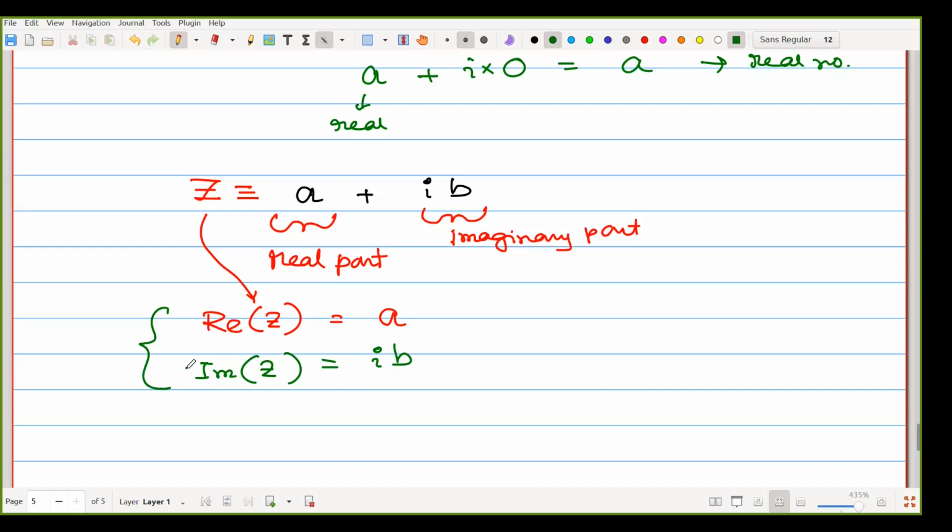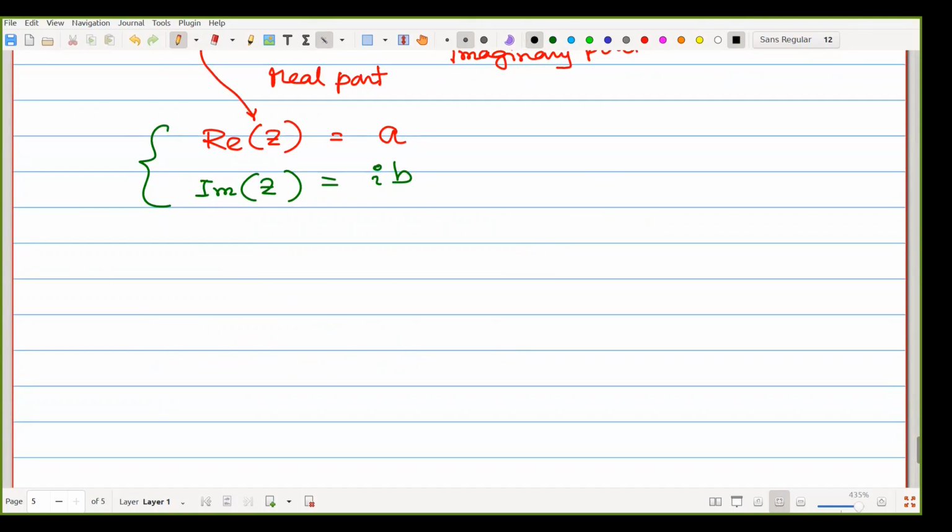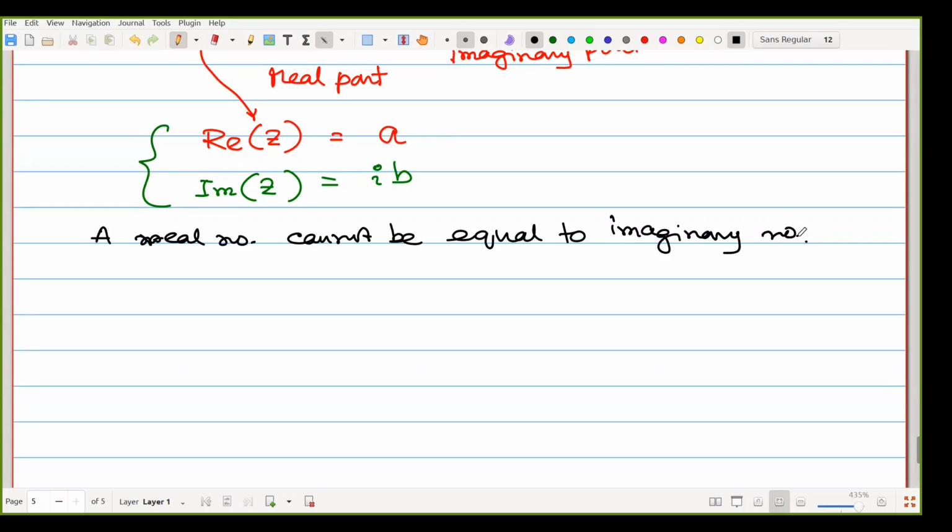So next one, what are the properties of complex numbers? A real number cannot be equal to an imaginary number. Any real number cannot be equal to the imaginary number.